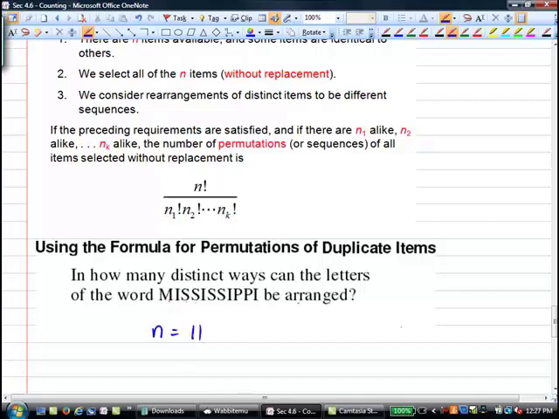Then these numbers down here are all the ones that are repeating. How many I's are there? There's 4 I's. How many S's are there? 4 S's. And how many P's are there? 2. So the number of ways we can arrange the letters here would be 11 factorial divided by 4 factorial times 4 factorial times 2 factorial.